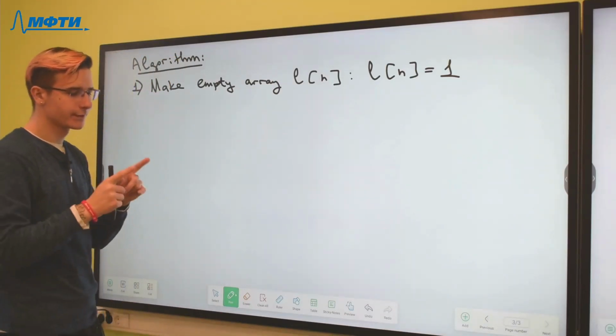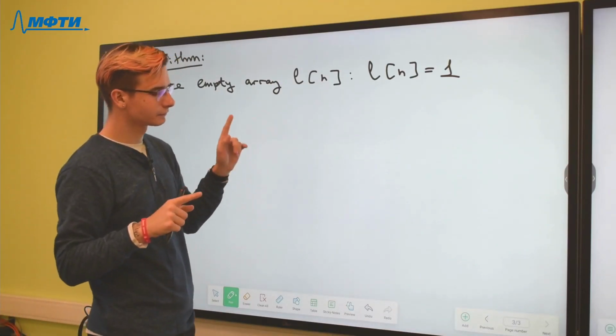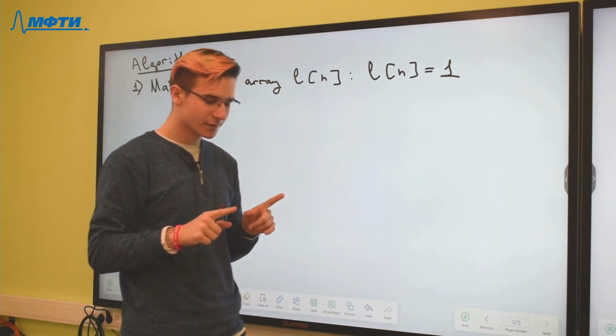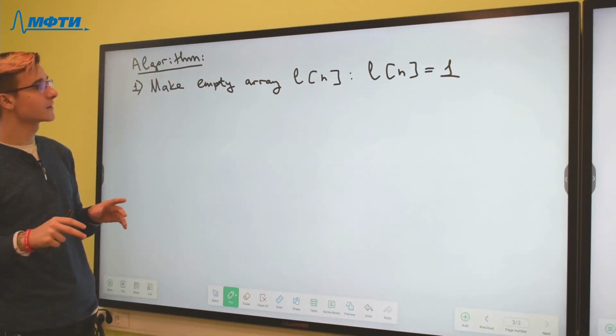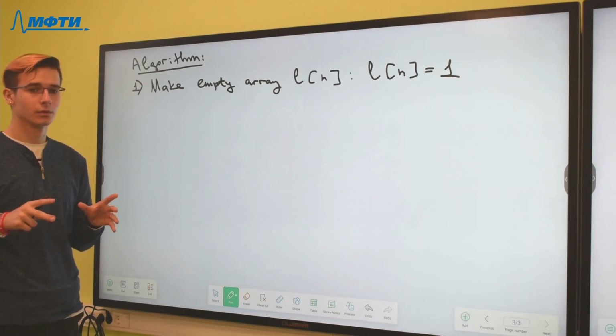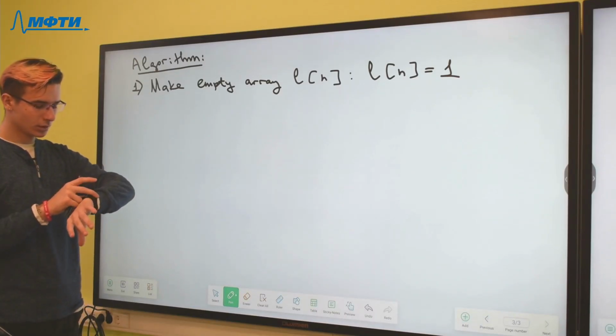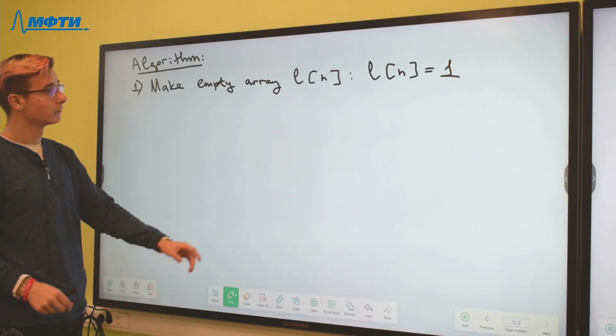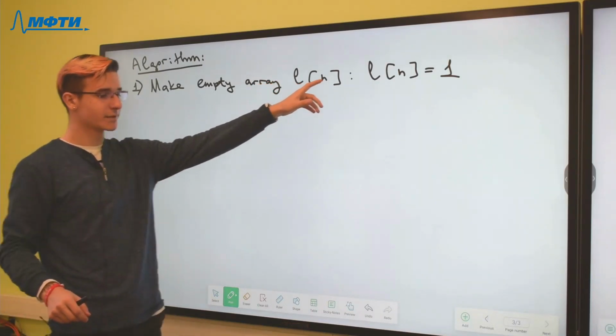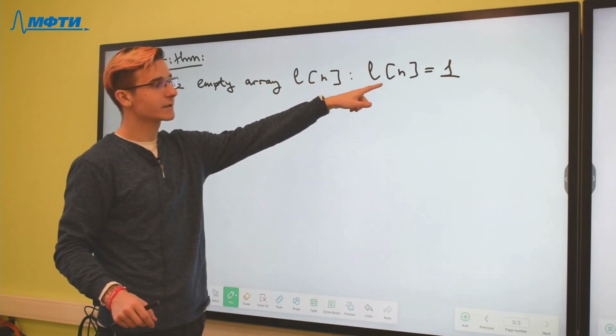Because of course we know that a subsequence can consist of only one number, and then this subsequence has the length equal to 1.